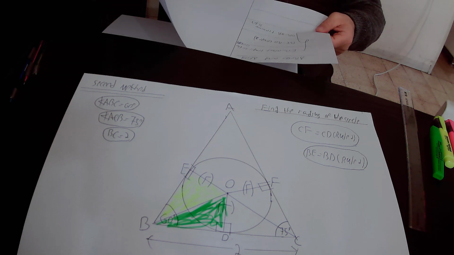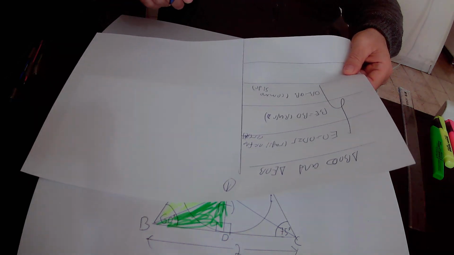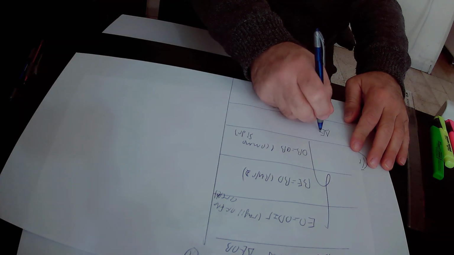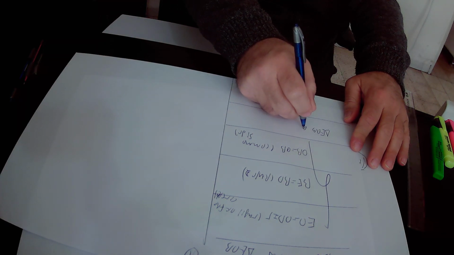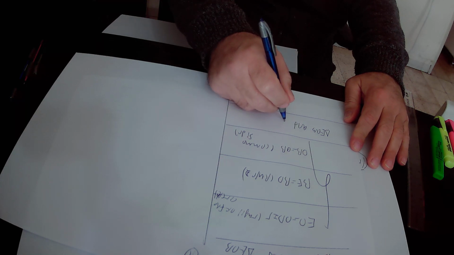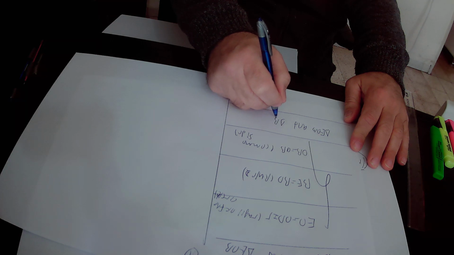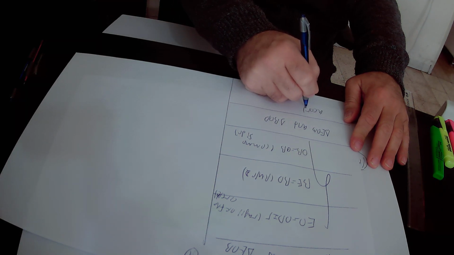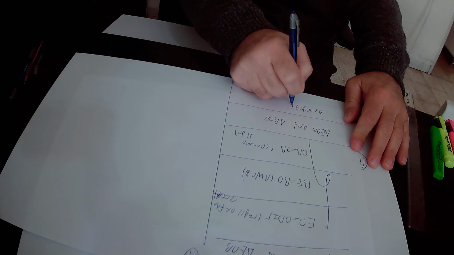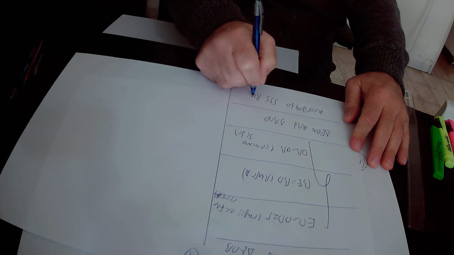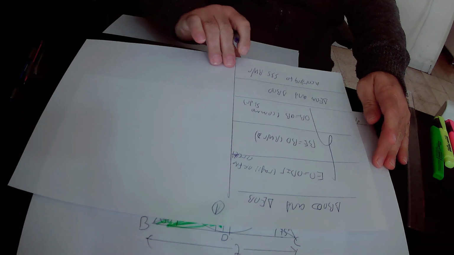So I write it down. We proved that the yellow triangle EOB is congruent to the green triangle BOD according to side rule.